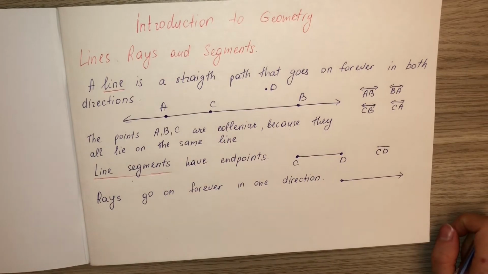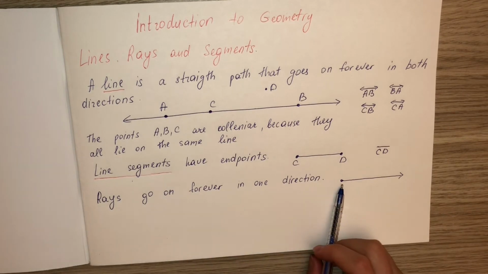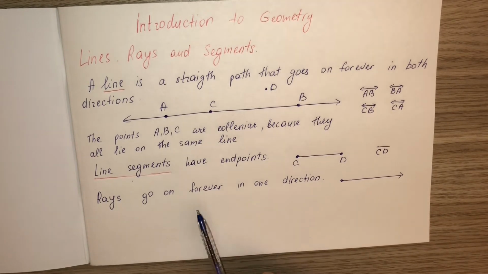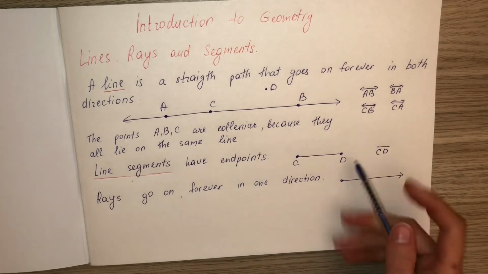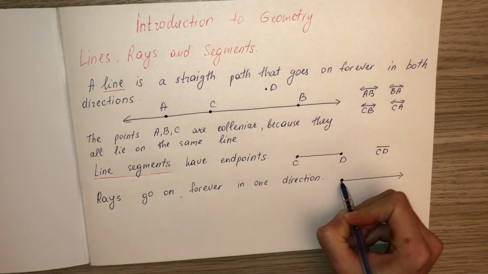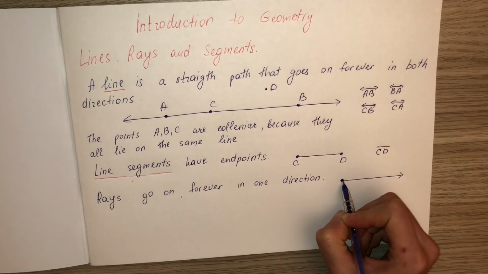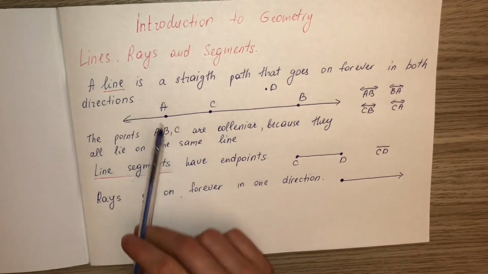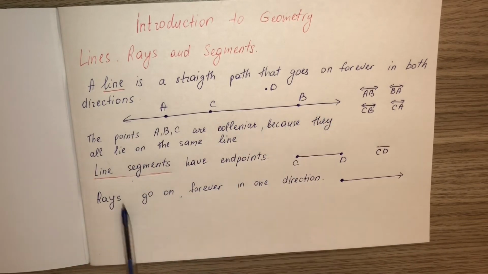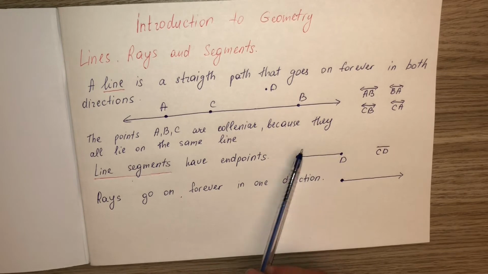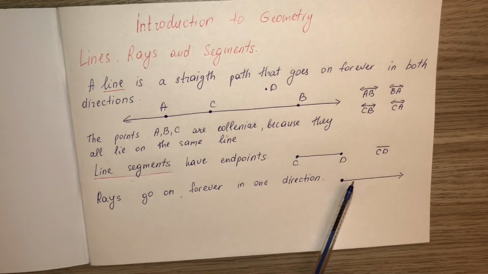And what are rays? Rays go on forever in one direction. These are called rays and they have exactly one endpoint. A line goes on forever in both sides. Line segments have endpoints. Rays go in one direction and have one endpoint.